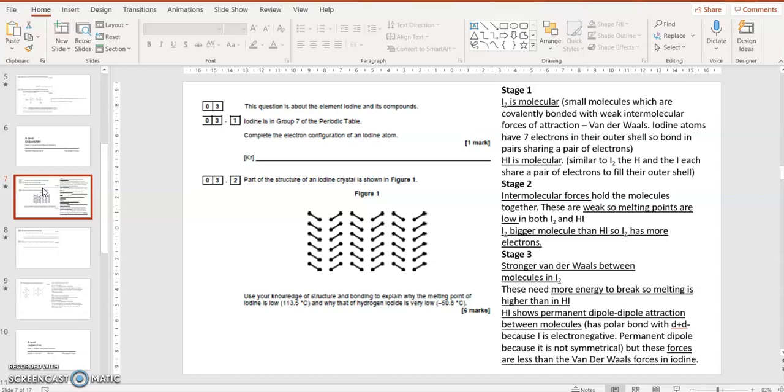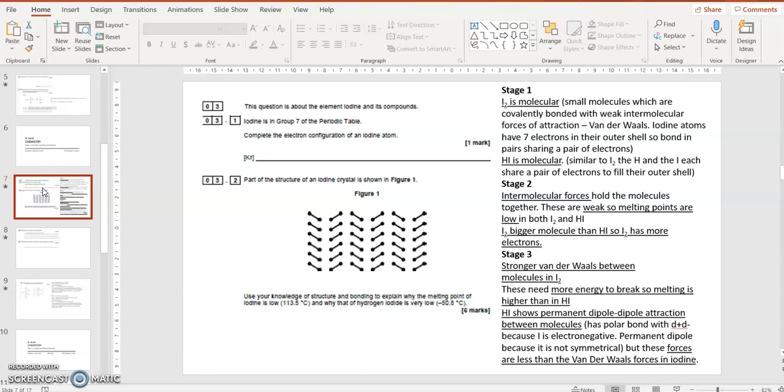Hydrogen iodide, for the final mark. Hydrogen and iodine won't have the same electronegativity. Iodine, in group 7, is going to have a slight delta minus. That will mean that the H will have a slight delta plus, because the iodine will withdraw electrons towards itself. That's what an electronegative atom does, and hydrogen, which is not electronegative, gets a slight delta plus as electrons are withdrawn along the covalent bond away from it.